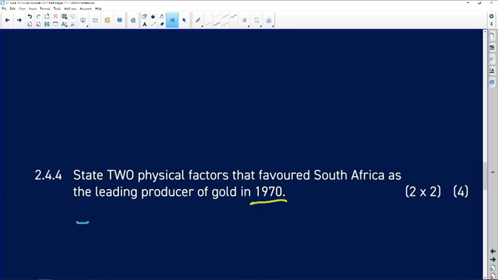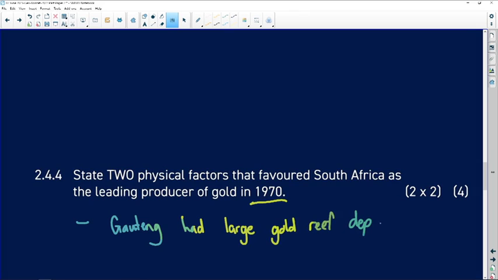First and foremost, we can write down there the Witwatersrand area, Gauteng area, had large gold reef deposits. And what made it easier, these deposits were close to the surface.